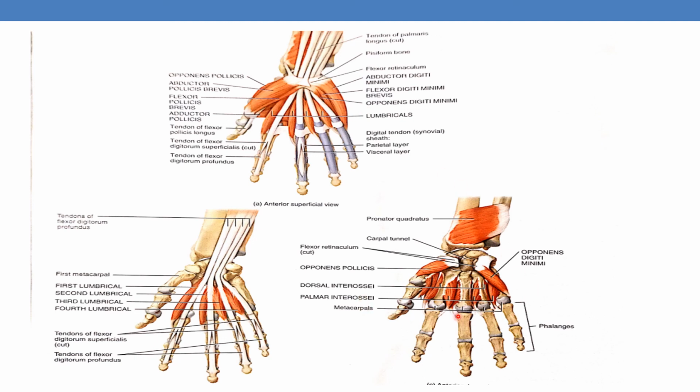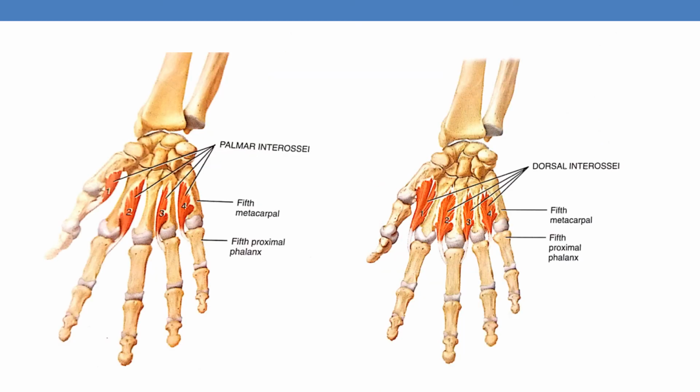As of now, you just see the muscles of little finger and the thumb in this figure. Previously we have seen the 4 lumbricals. Now we'll see the interossei. These are the palmar interossei, 1, 2, 3, 4. And these are the 4 dorsal interossei.